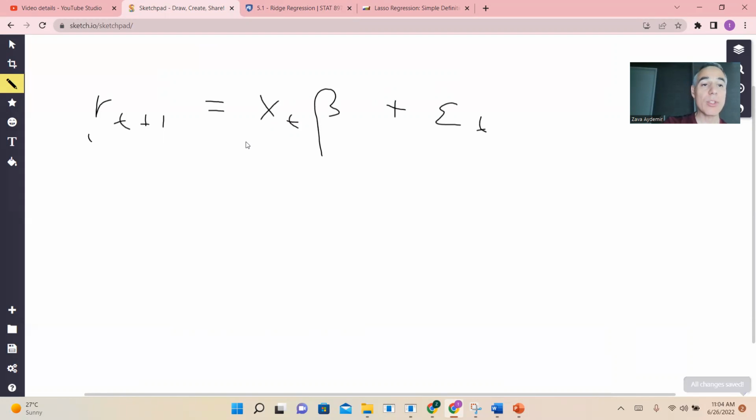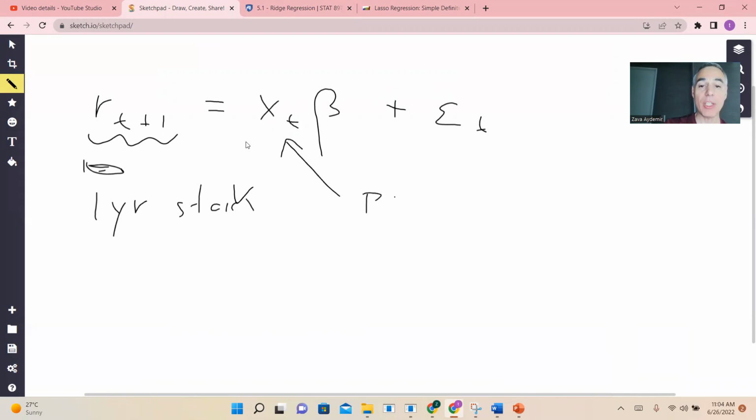And this could be a 1 year stock return of a single name using historical data. And this could be the price earning ratio, and then some macro variables that I mentioned earlier, et cetera, et cetera.